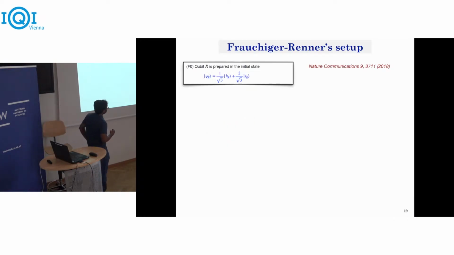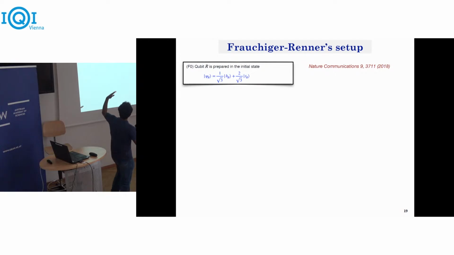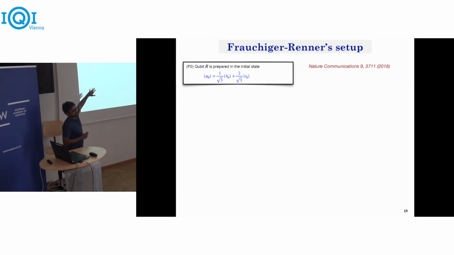It's normally very difficult to explain this paradox, and it's also written in a very complicated way, but here I try to put things a little more systematically, at least according to me, so that you can follow. So here is the first step in this particular setup: you have a qubit R that is prepared in these two states, where HR and TR are orthogonal states, okay? It's a qubit.